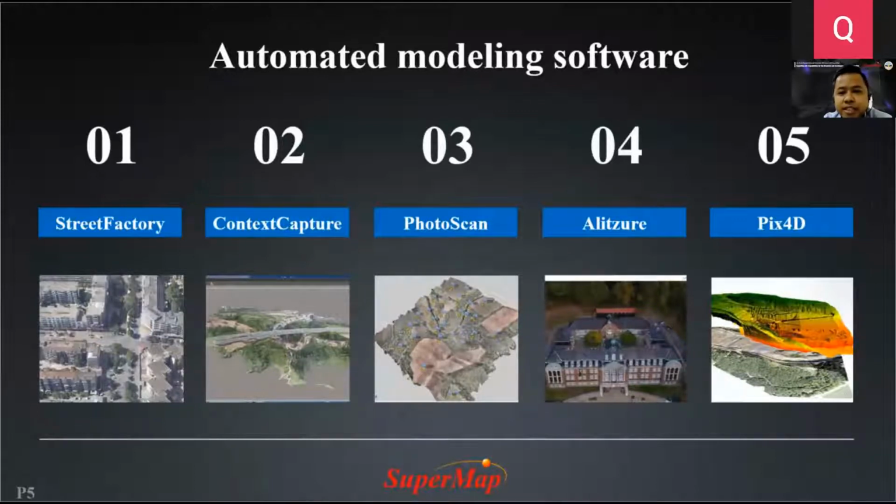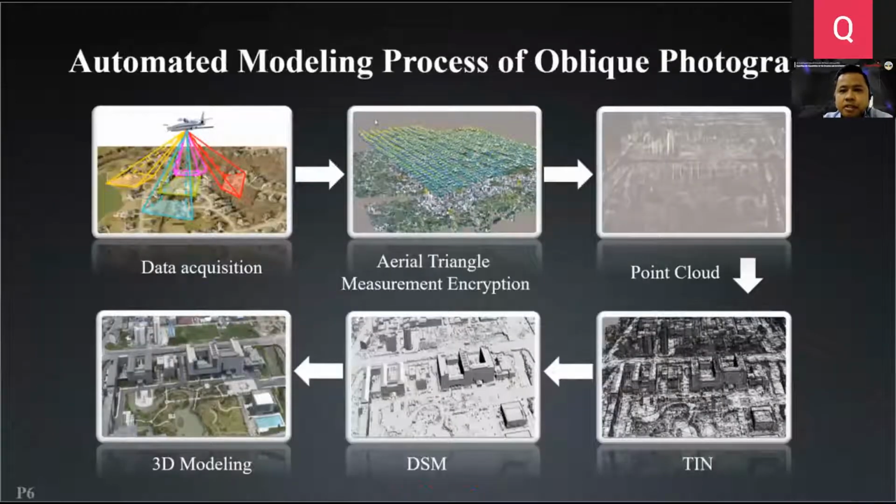They include StreetFactory, ContextCapture, Photoscan, Altizure, and Pix4D. This is the workflow of the automated modeling process of oblique photography, from data acquisition to aerial triangulation. Then it is converted into point cloud, TIN data, and then DSM data until it produces the 3D model.